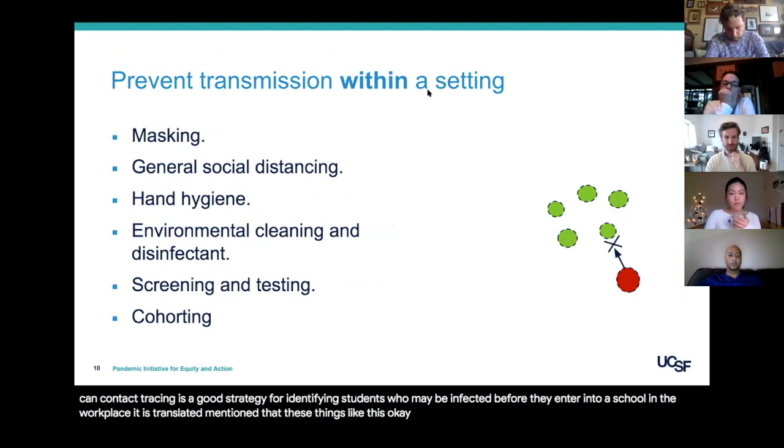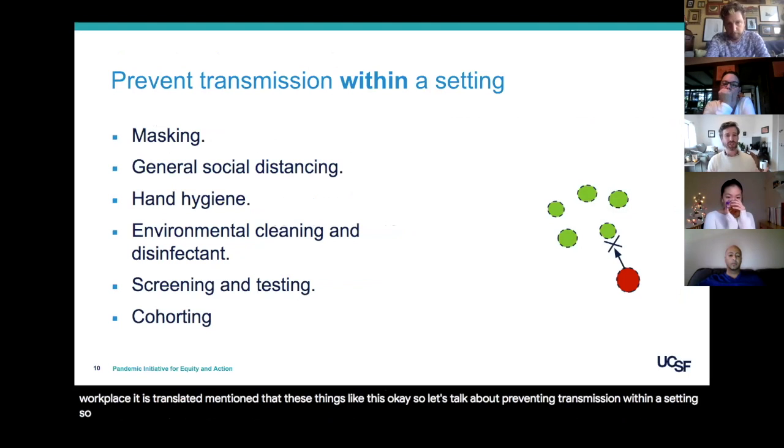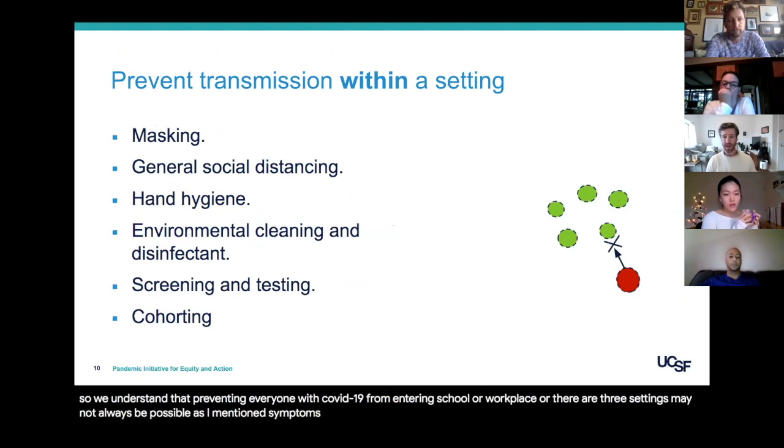Okay, so let's talk about preventing transmission within a setting. So we understand that preventing everyone with COVID-19 from entering a school or workplace or other outbreak settings may not always be possible. As I mentioned, symptom screening, with around 40% of infections asymptomatic, is most likely going to miss a lot of cases.